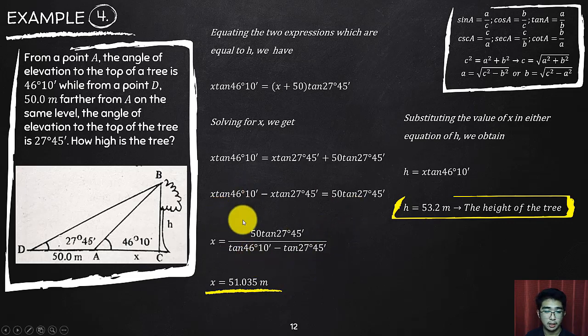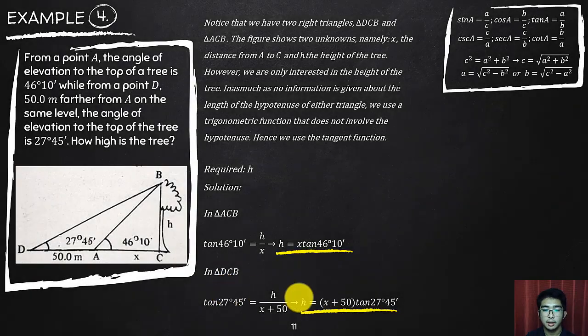So input this in your calculator. Be very careful on the degrees and minutes. You'll get 51.035 meters, meaning the distance AC is actually 51.035 meters. Now, how do we get the value of h? Well, we do have two equations for h, correct? The first one from triangle ACB and the second one from triangle DCB. So we have a value of x.